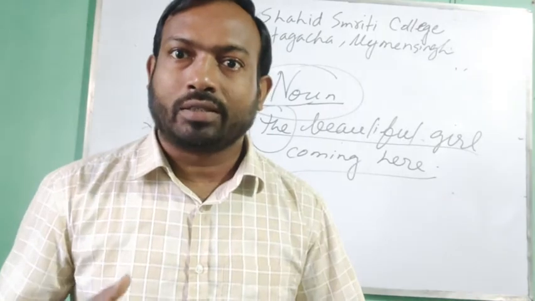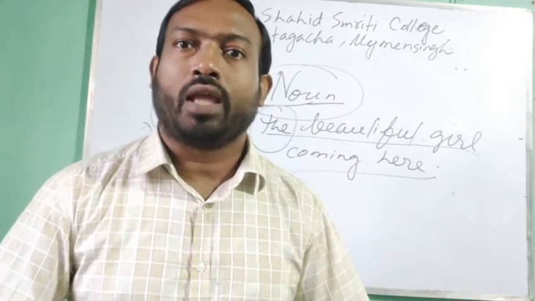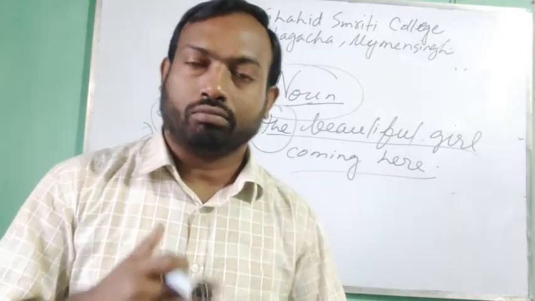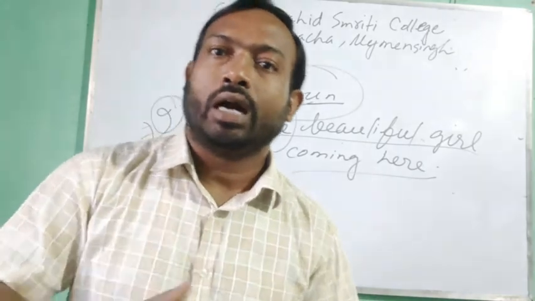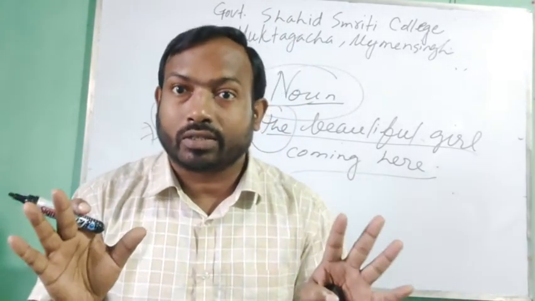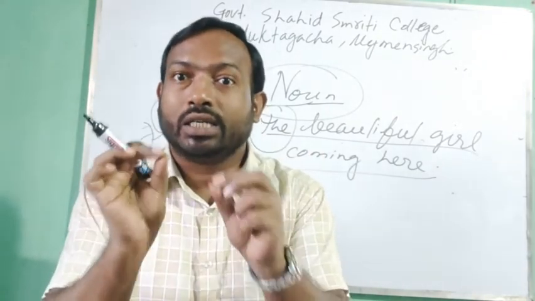Quantifiers: much, many, few, little, several, all, etc. Then numerals: 1, 2, 3, 4, first, second, third, fourth, other, next, etc. These are actually determiners. If any phrase starts with a determiner, it is a noun phrase.